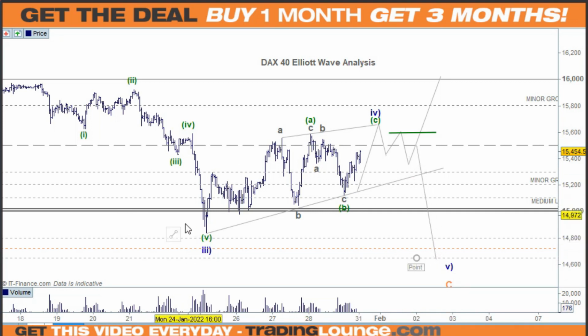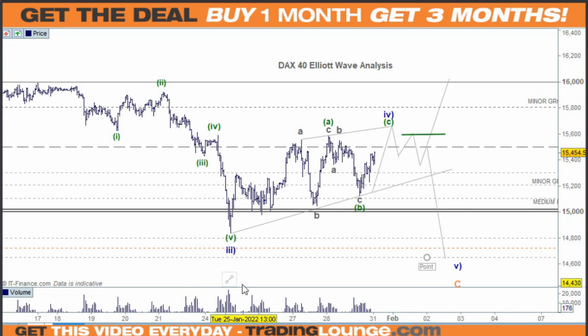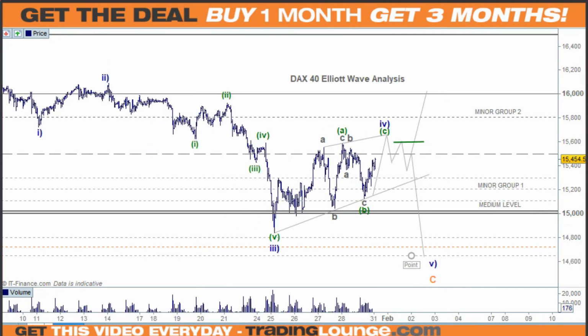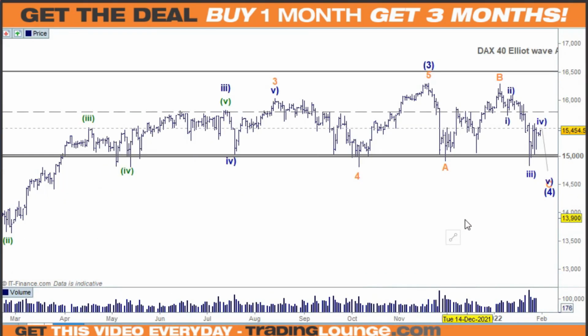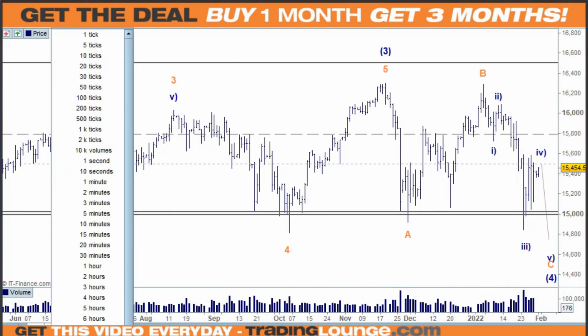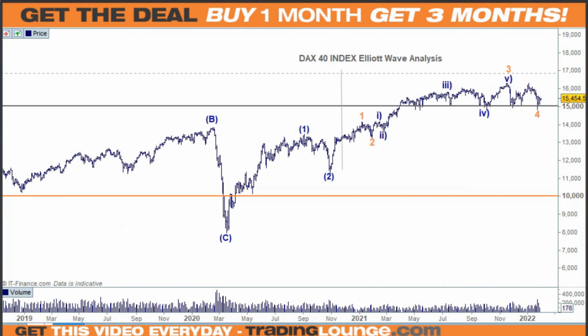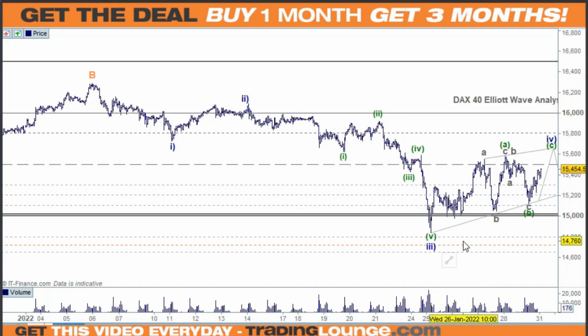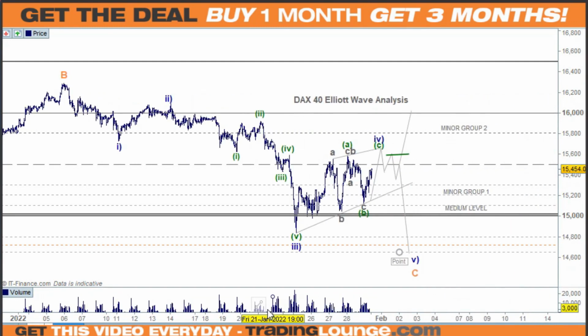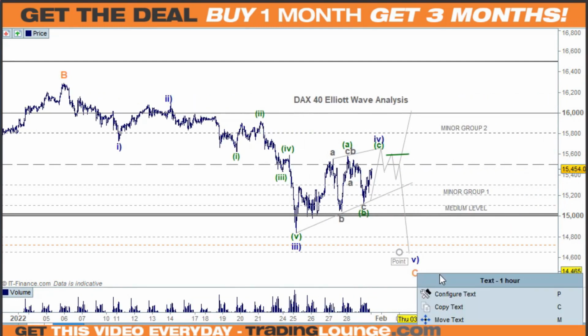So is it possible to have this as a low? Well, then we would need to look at it as a slightly different pattern. I did have it somewhere here, just let me have a look. No, it's not here. Not to worry, but maybe we'll look at it on the STOXX 50.